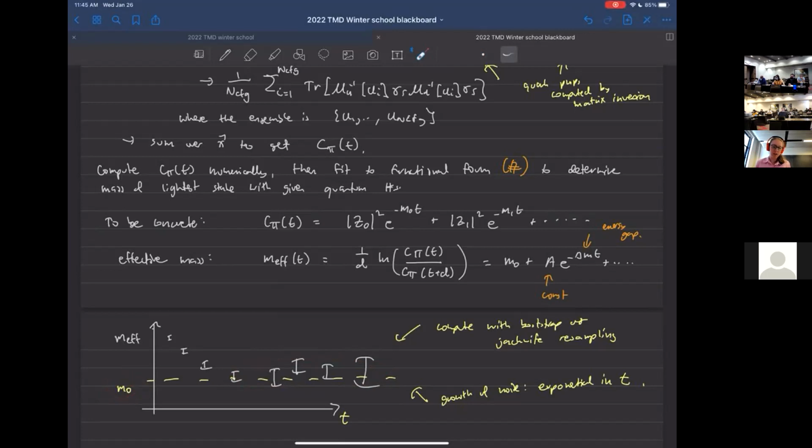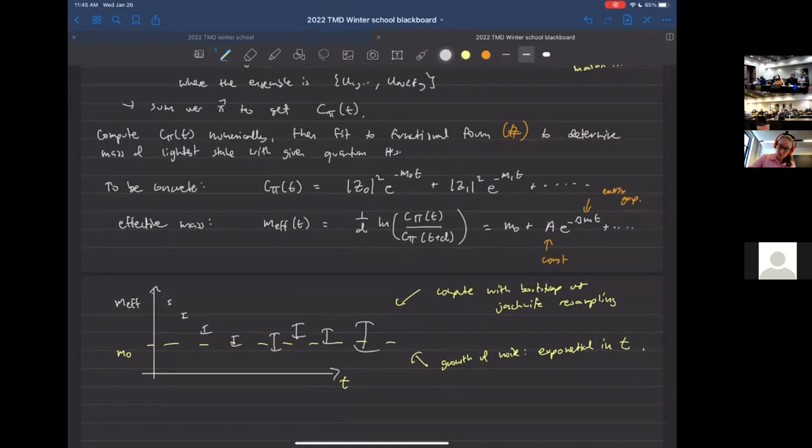More sophisticated ways are to fit multi-exponential functional forms, just using something like a chi-squared minimization. You have to be careful because all of these points are very correlated. They were all computed on the same configurations on the same ensemble, right? So you have to make sure to get your covariance matrices right and so on. But this then just becomes a fitting problem. You know the functional form, you have the data, get out the parameter you want.